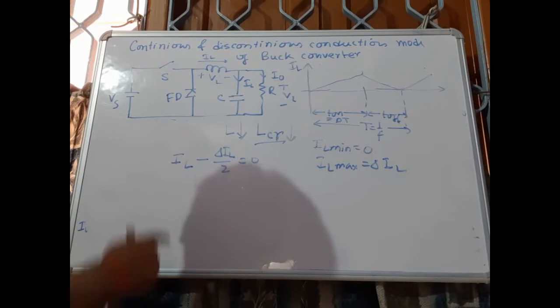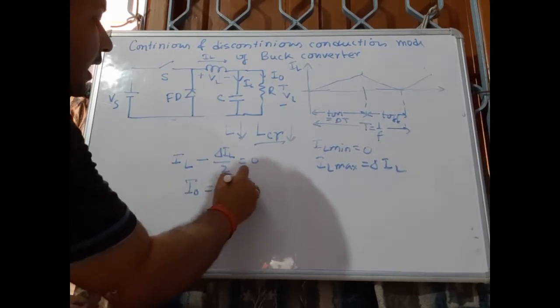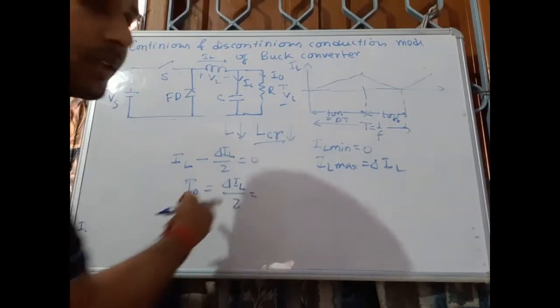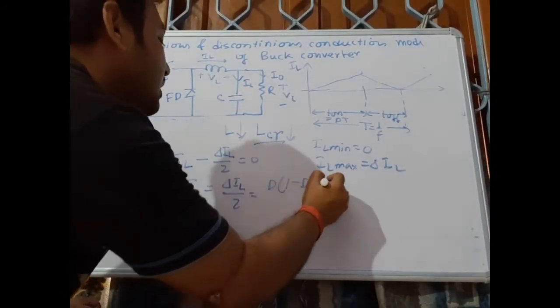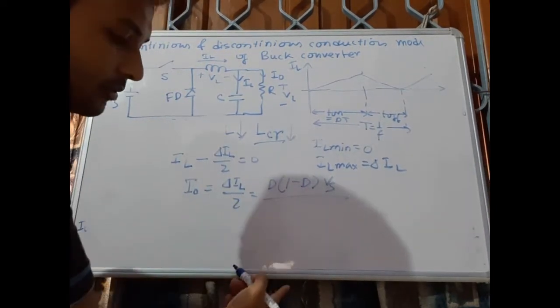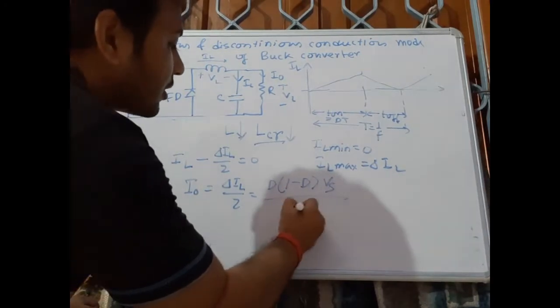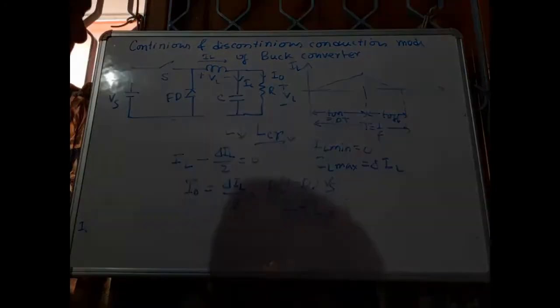And this IL is actually equal to I naught, and that is equal to delta IL divided by 2. If I put the value of delta IL, we have (1 minus D) into Vs divided by 2 into 2 F L, here L is equal to LCR.